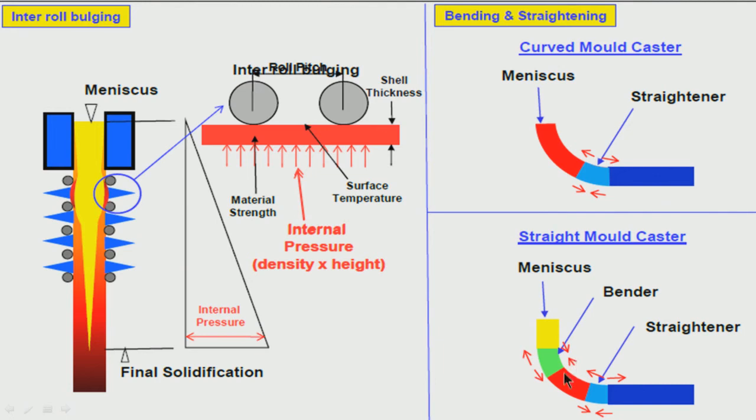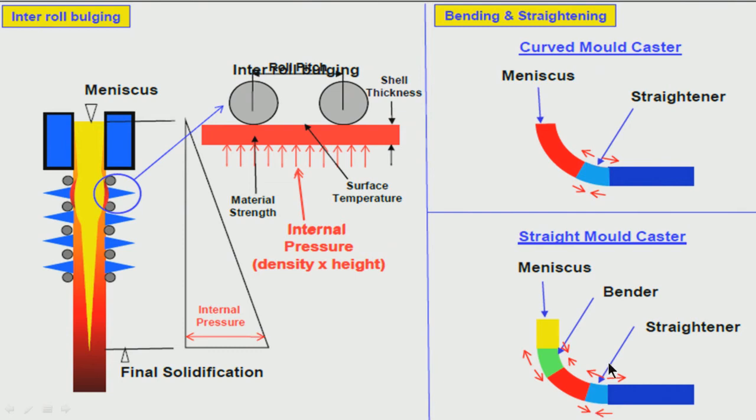And the solid shell which is present at the outer radius, it is just the reverse. Some direction of the stress is here this way, and the outer shell it is just the reverse. Now what is happening during straightening? Straightening, this portion of the shell, the inner shell, it is just the reverse.